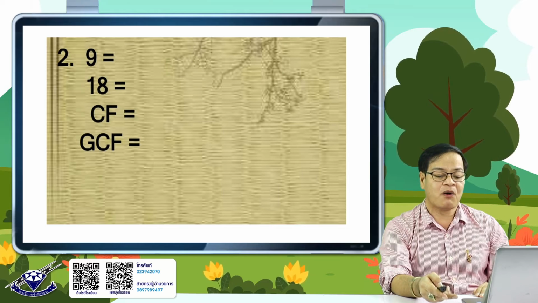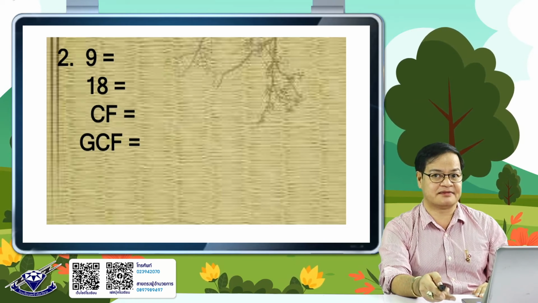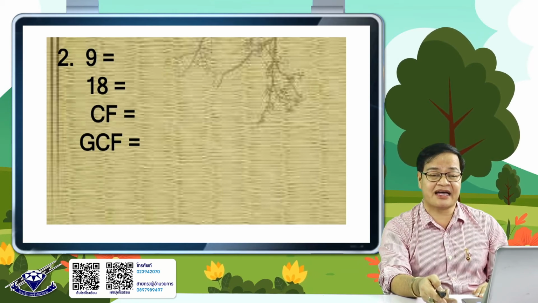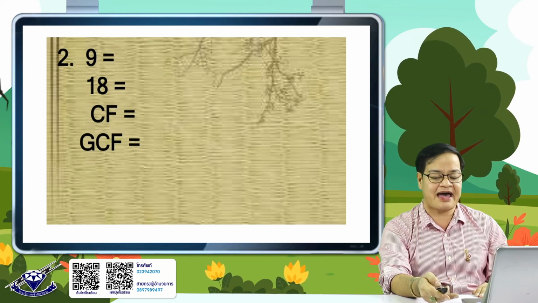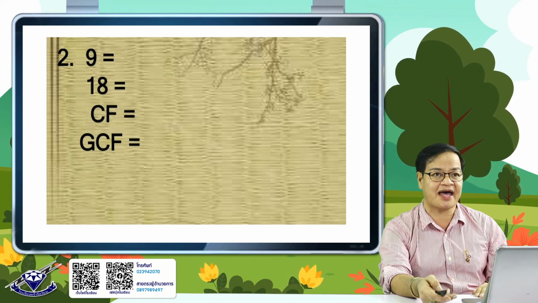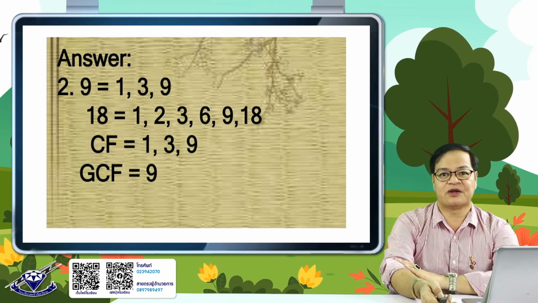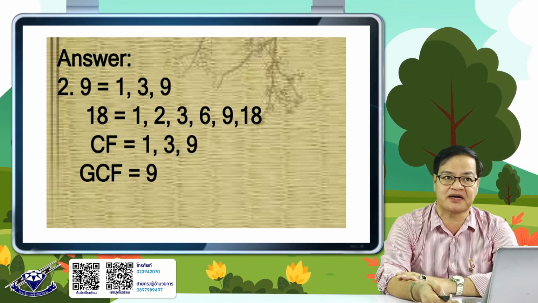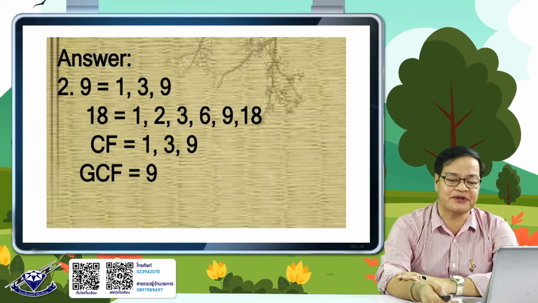We have 1, 3, and 9. What is the highest common factor? With this example, we have 9. Let's try. This is the answer. Okay. Look at the video screen and check your work. Be honest, I told you.